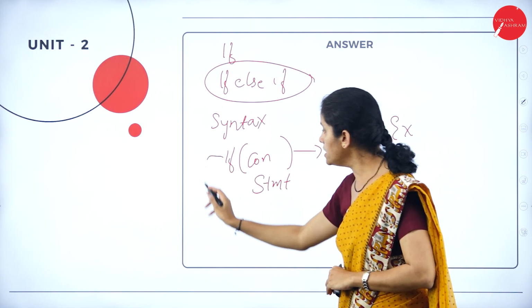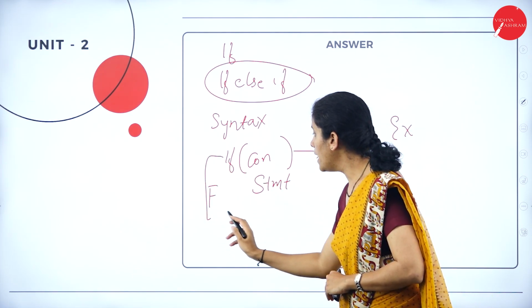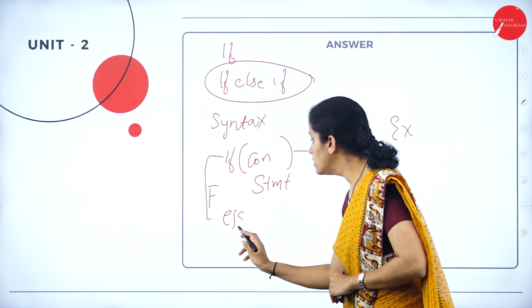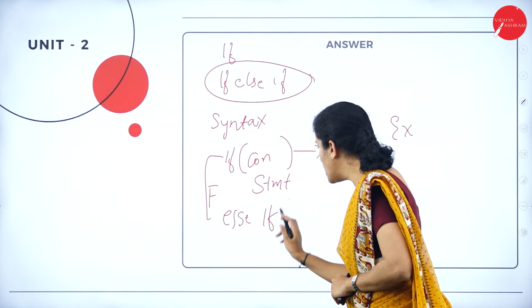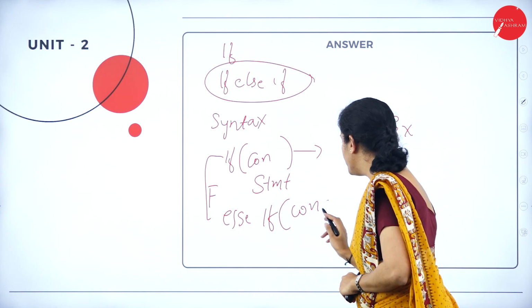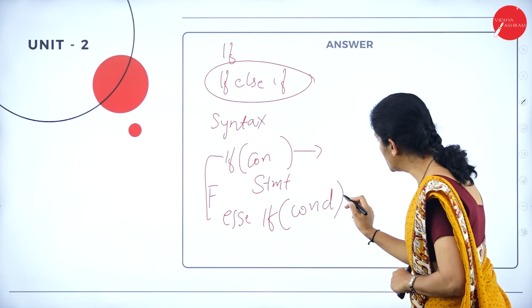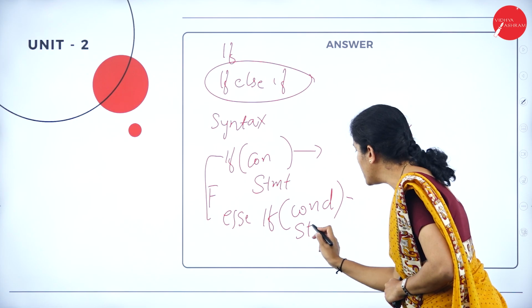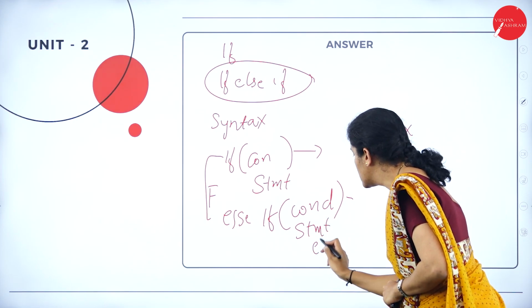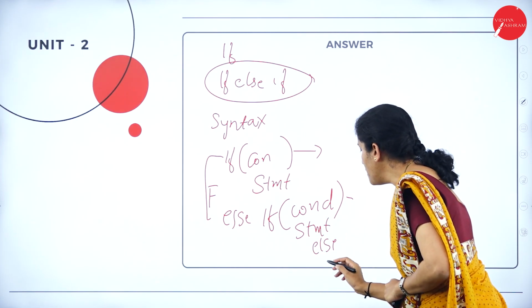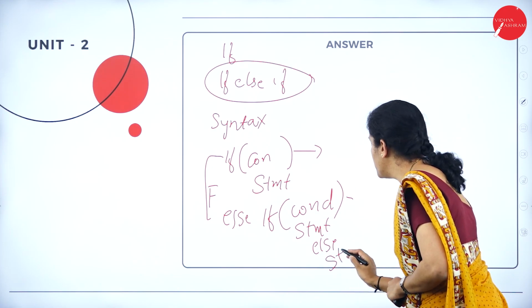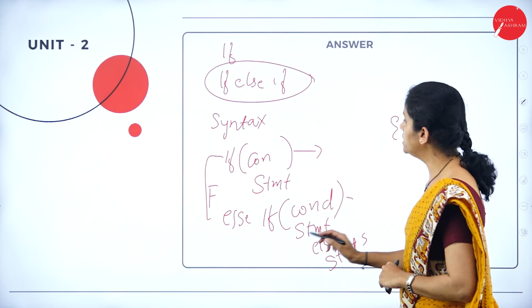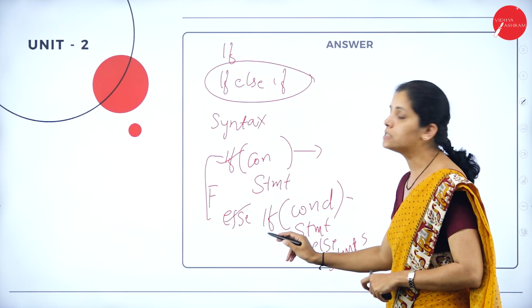If this condition is false, else, I have if once again with a condition. If the condition is true, I have a statement, else I'm going to have the next statement. Okay, so it is if, else if.